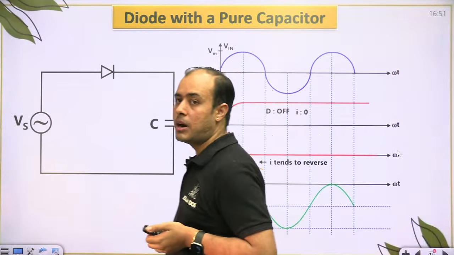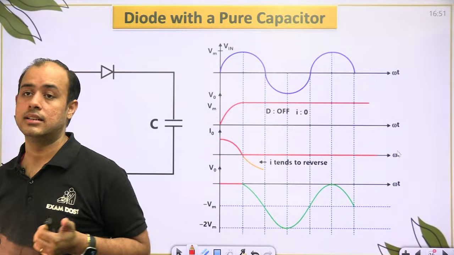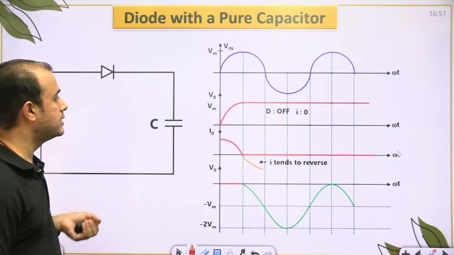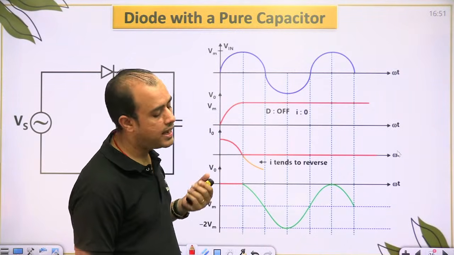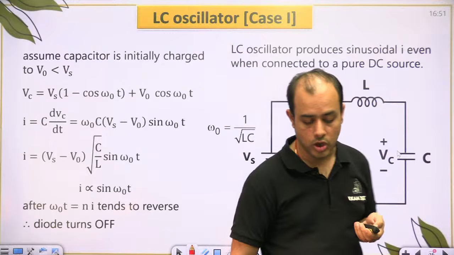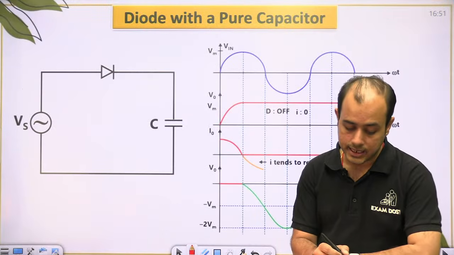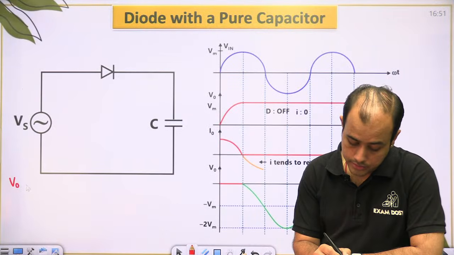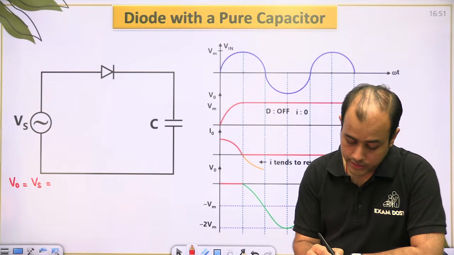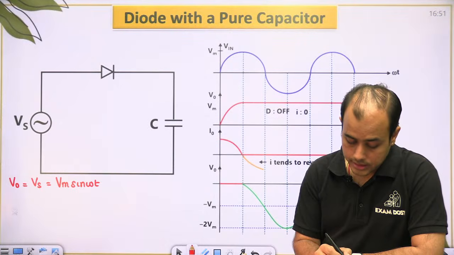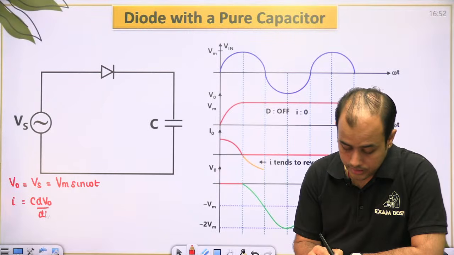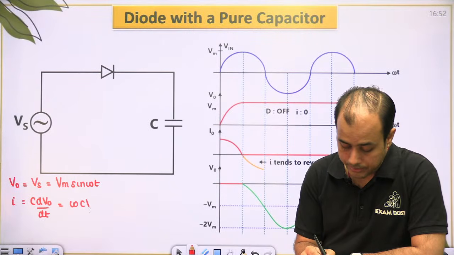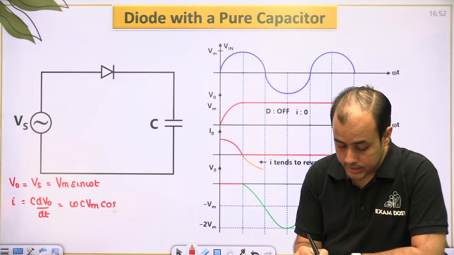Now, when you talk about diode with a pure capacitor, it is like a clamper. Basically, the capacitor charges to the maximum voltage and then the diode turns off. So what happens is, beta, when you take V naught equal to Vs, Vm sin omega t, the current is C dV naught by dt, omega C Vm cos omega t.